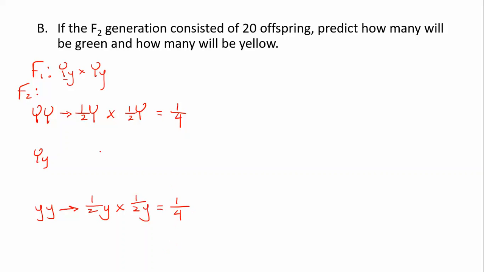The heterozygote is a little more complicated. You got 2 ways that you can get that. You can either get the dominant Y, the dominant allele from the first parent, and the recessive allele from the second parent, or you can get the recessive allele from the first parent and the dominant allele from the second parent.